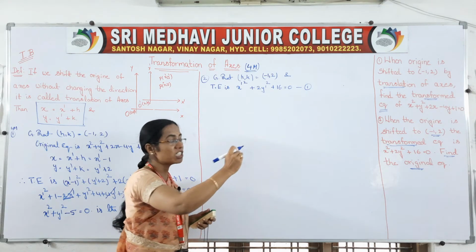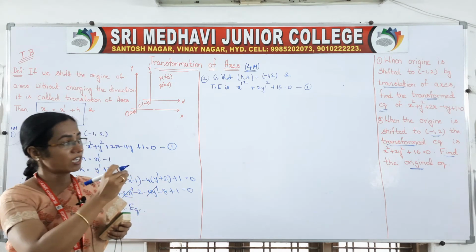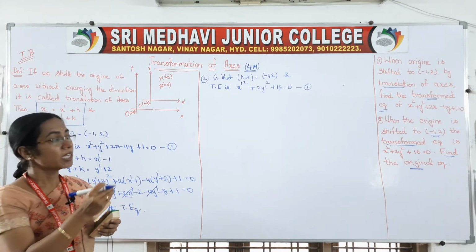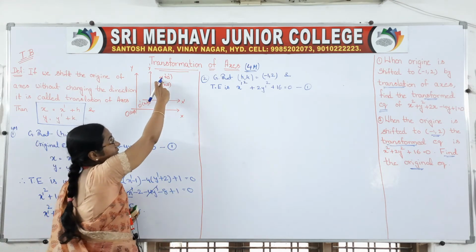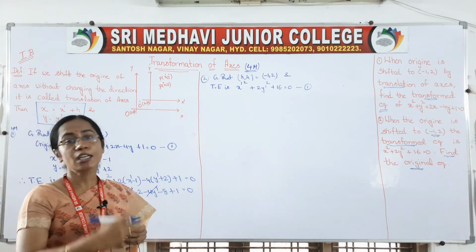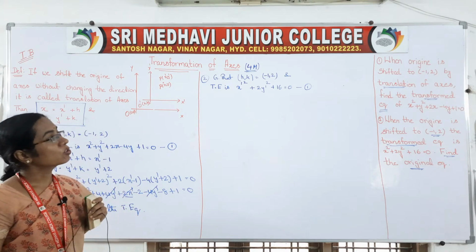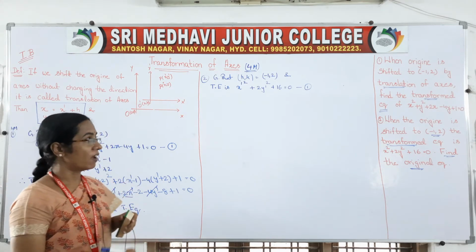Whenever the equation in the question is transformed, you write that equation in terms of x dash y dash. Why? I said P x dash y dash is the point after the transformation.